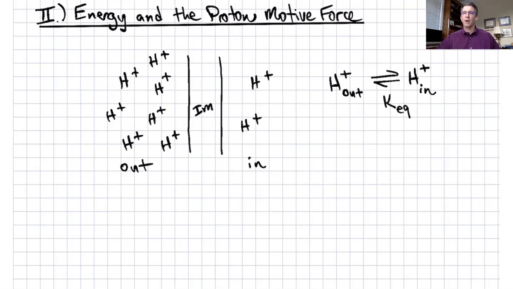Well, we know how to deal with that, right? If you think back to the beginning of the course, to our discussion about chemical potential and how chemical potential is related to free energies associated with chemical equilibria. That's easy, right?